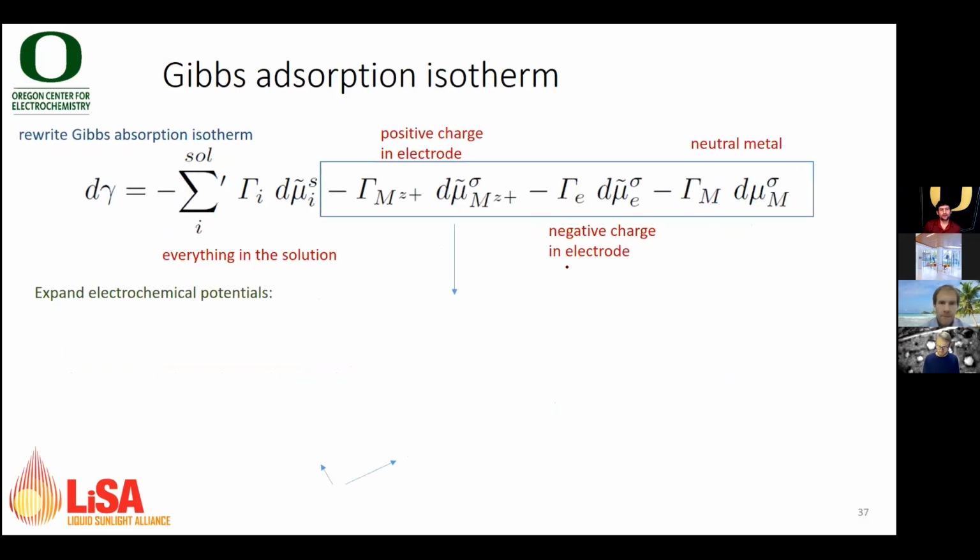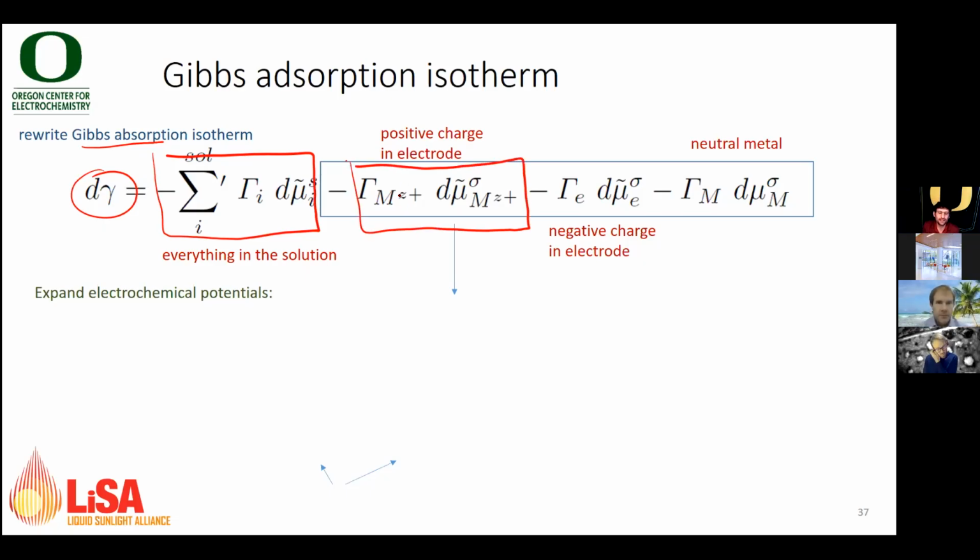Okay. So what he does now, he takes this Gibbs adsorption isotherm. Here's the change in surface energy. We're going to use this to derive a lot of things, so it's important. We're breaking the change in surface energy up into a bunch of different components. So this is that sum, and we leave in the sum the things that are in solution, but we're going to pull out of this sum the positive charge on the metal electrode. He's written it here as M z plus.